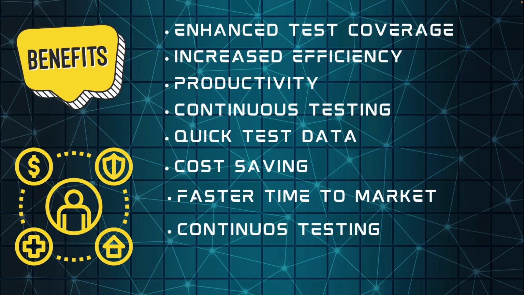Then increased efficiency, you can see that it is writing down everything for us. We have to verify it and then use it. And productivity, in very little time we are able to write this. Then continuous testing, then quick test data generation, and faster time to market because we are doing things very quickly. Okay, so we have seen OpenAI ChatGPT, and we have seen Google Bard.